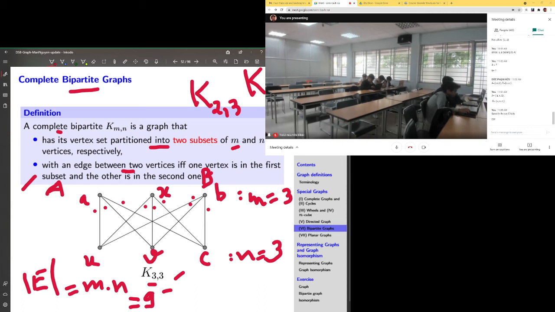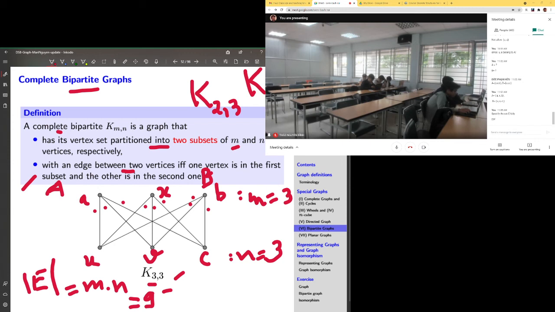So the idea is that for this one we apply the zero idea, okay? And don't forget the zero concept about bipartite first. You understand me? So you decompose the vertices like this, understand?